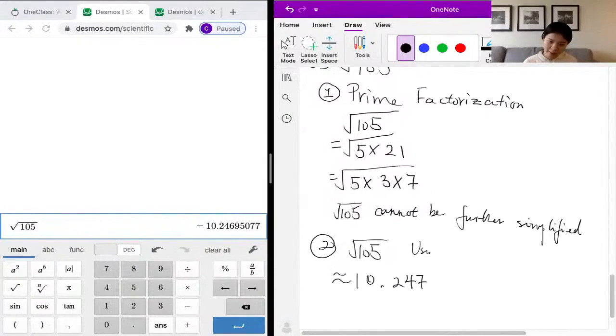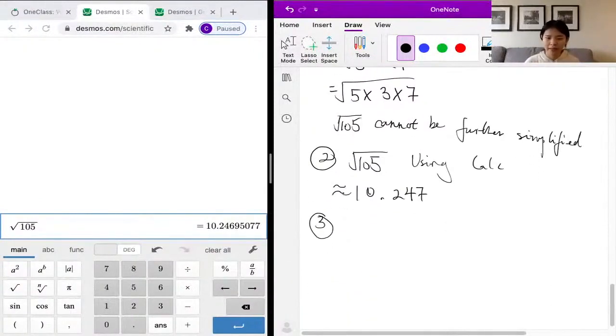Again, there's a third way where you can find the square root of 105 by hand. For example, perhaps you can use linear approximation. So you can have a function y equals the square root of x, and you can use x equals 100 to approximate, and you use a equals 105.